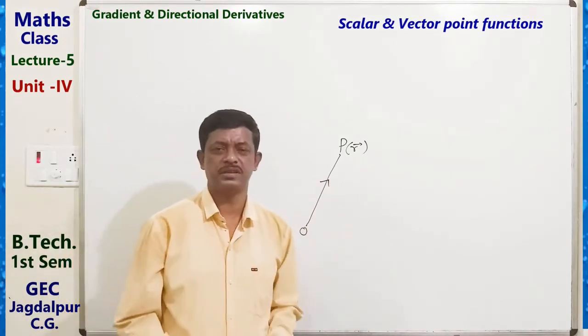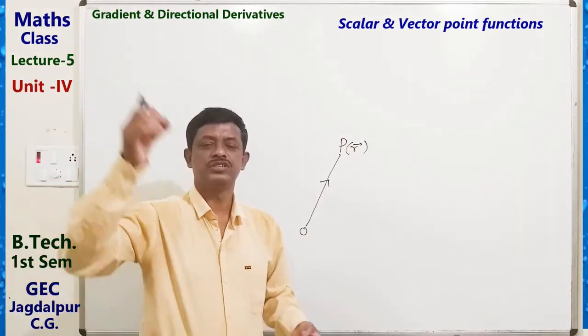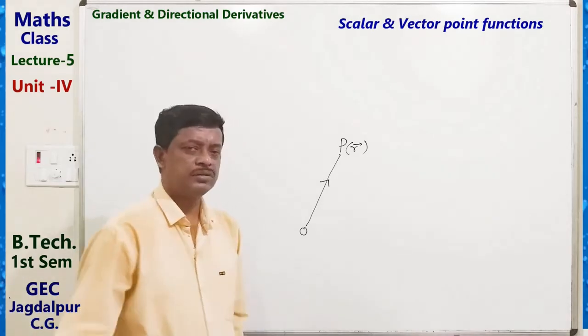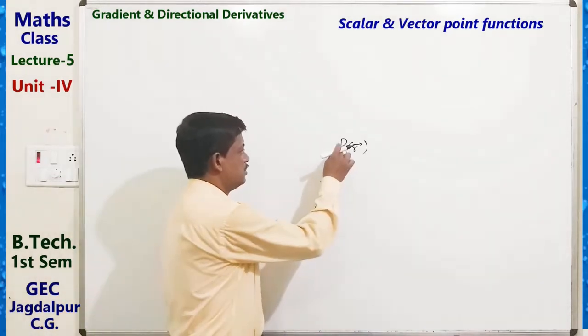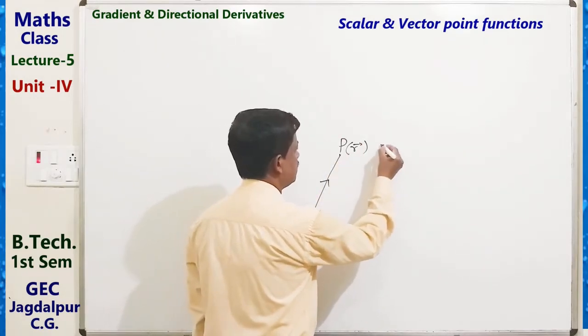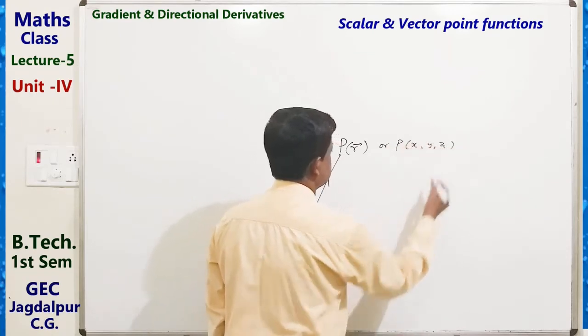In a rectangular coordinate system, we can suppose its coordinates as P(X, Y, Z).